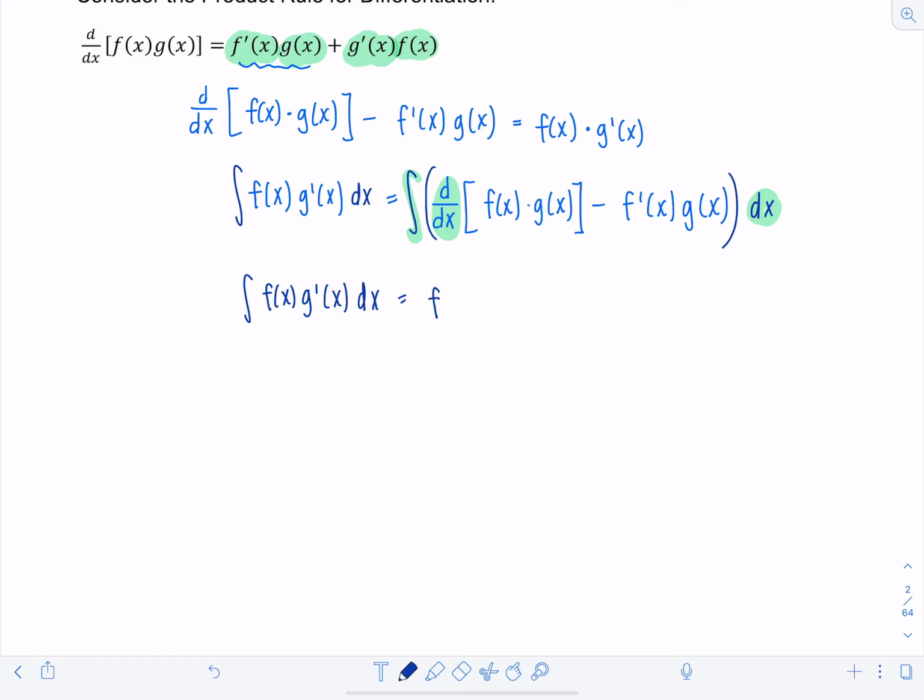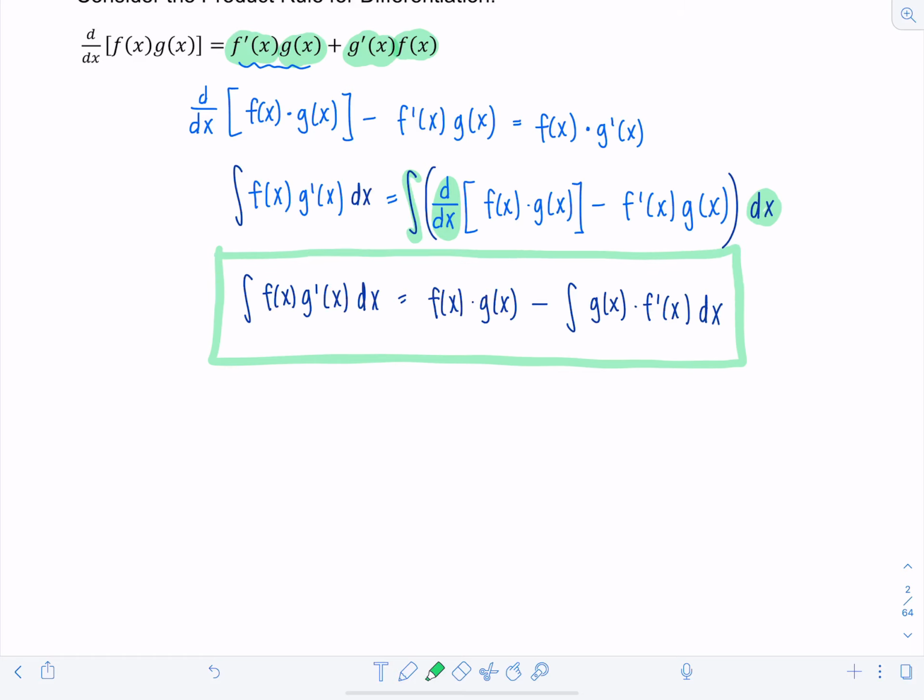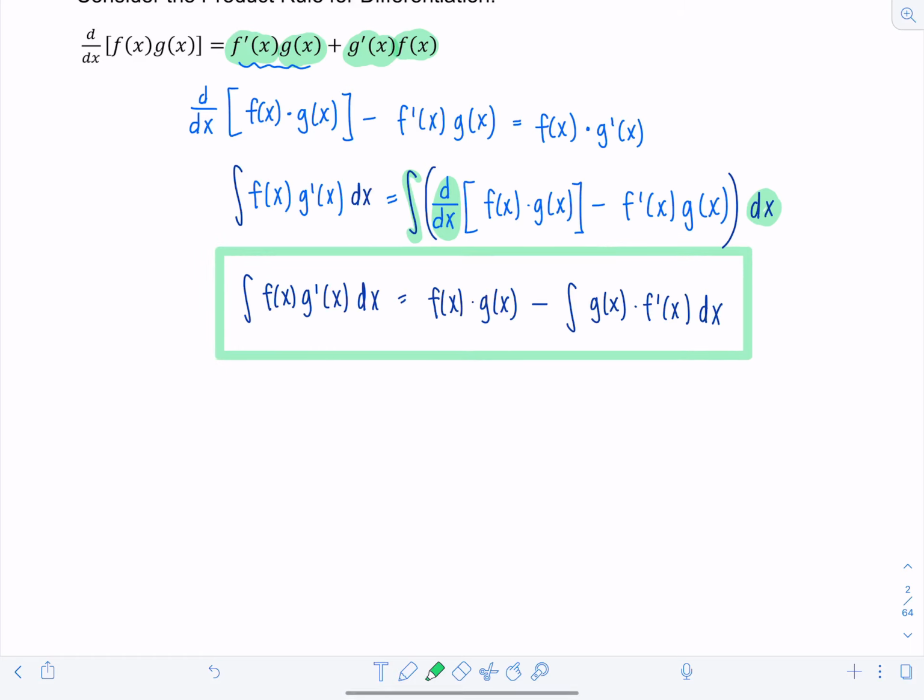So I get regular old f of x times g of x minus, and then I'm just going to distribute that integral. So I have integral of, and I'm just going to switch the product here, g of x times f prime of x dx. And actually, this is the formula for integration by parts.